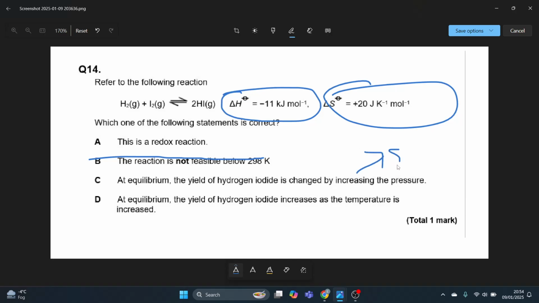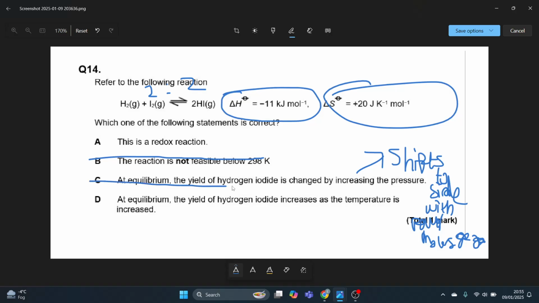Increased pressure is going to shift to the side with fewer moles of gas, because it's trying to oppose the increase in pressure by decreasing pressure. Which side is the one with fewer moles of gas? Well, it's the same either way. So the yield of hydrogen iodide won't be changed by increasing pressure.